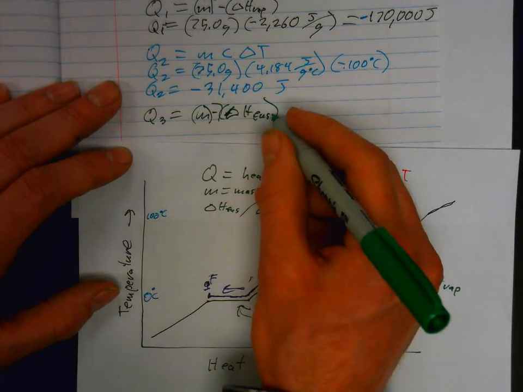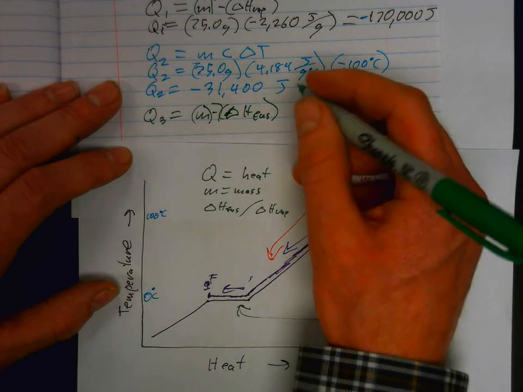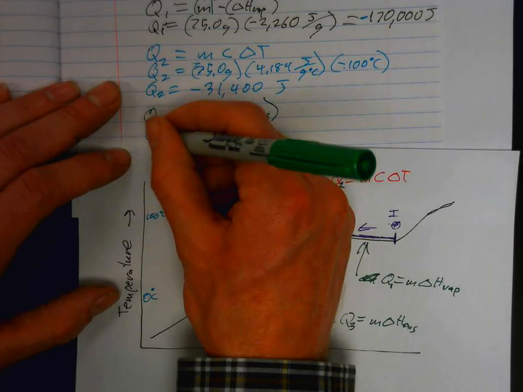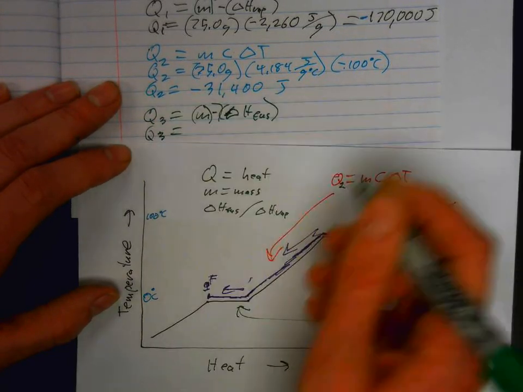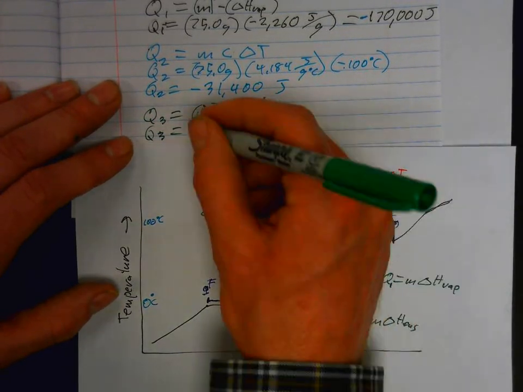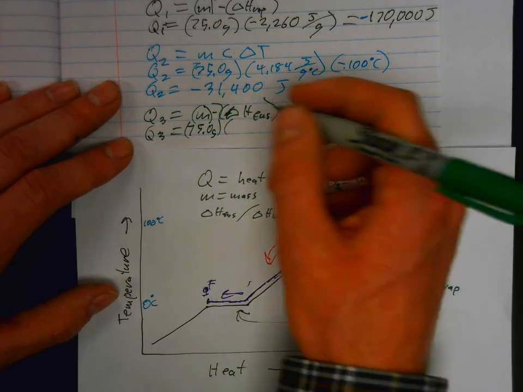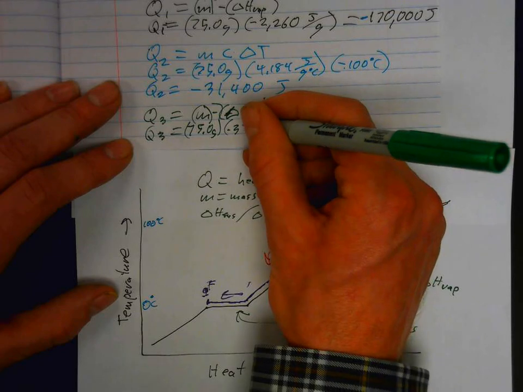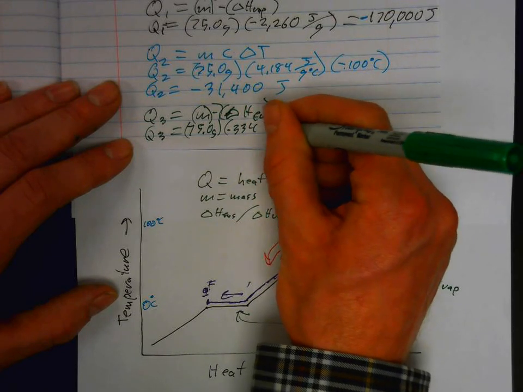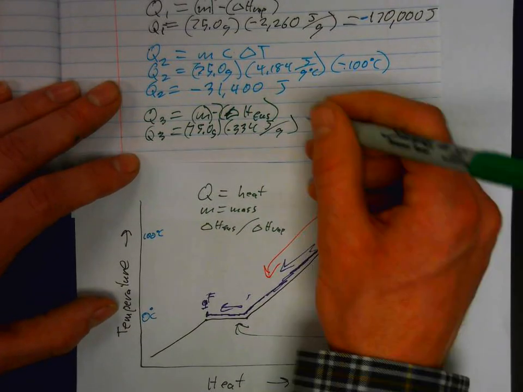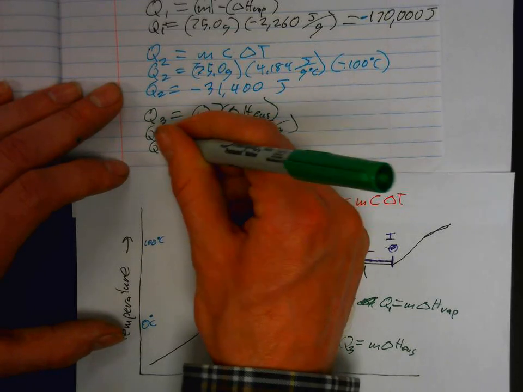So we're multiplying the mass times the heat of fusion, and so that's going to be the mass, again 75.0 grams, multiplied by 334 joules per gram. And so we calculate that.